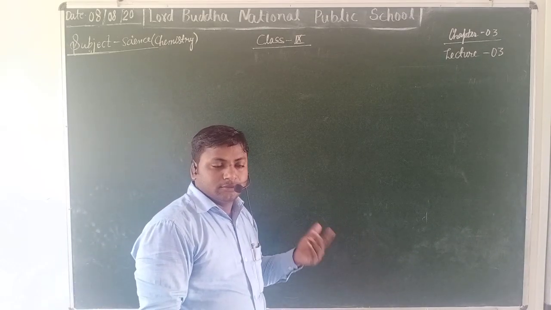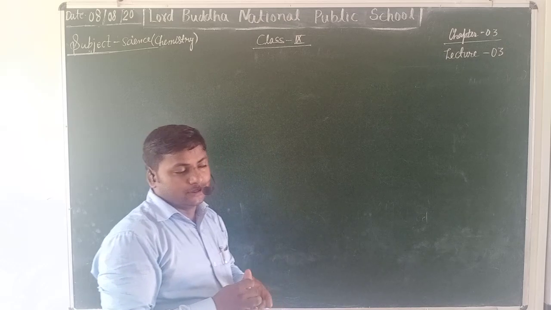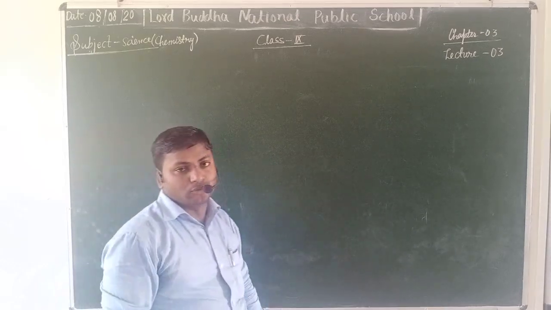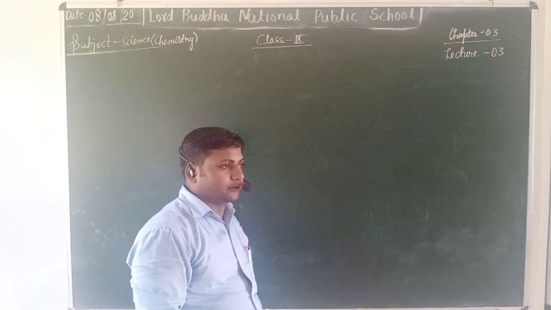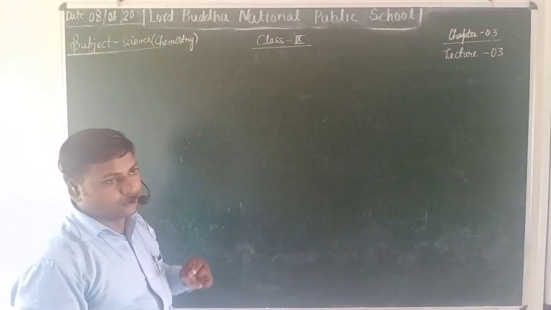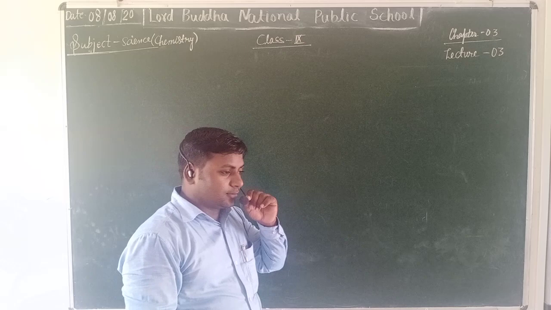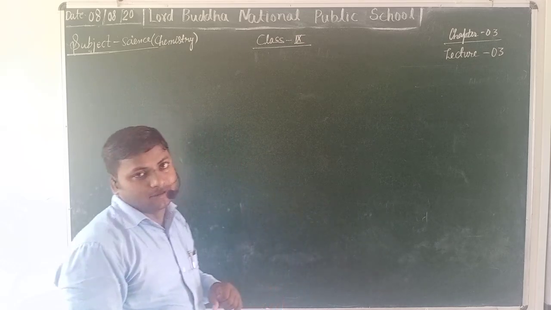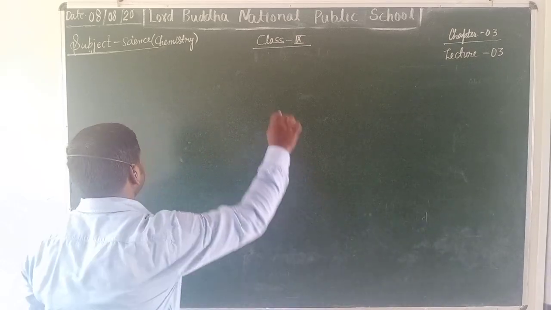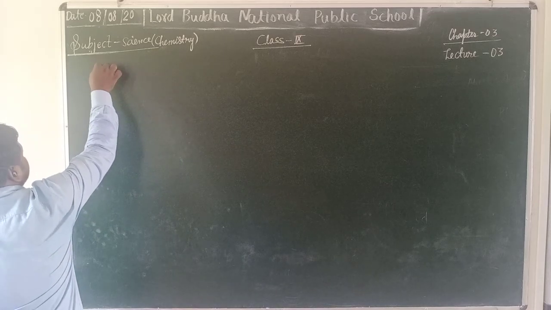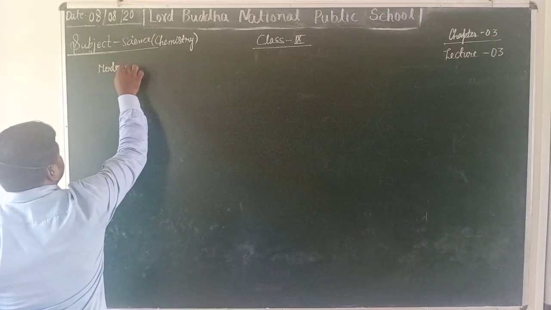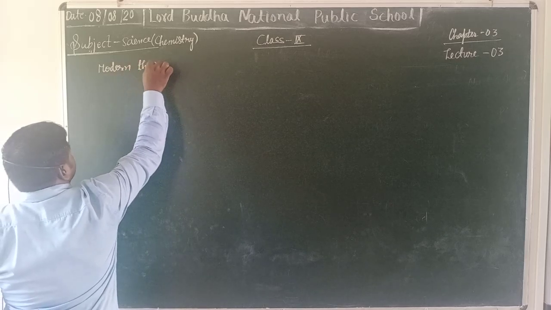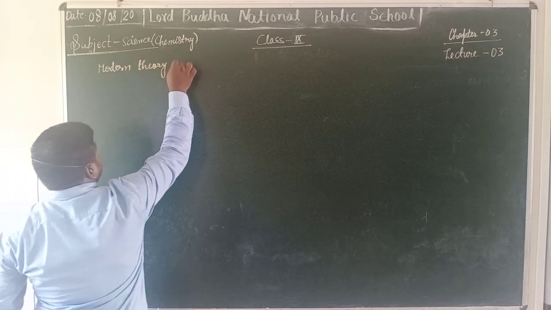Now we are going to learn about the modern concept of the atomic model, or you can say the modern structure of the atomic model. Modern theory of atomic model.